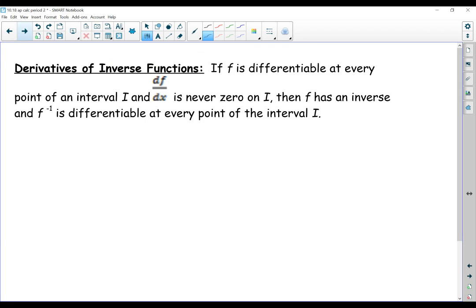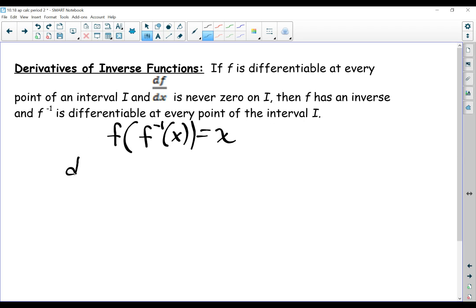And so let's prove that using our famous inverse trig proof. Let's start with the fact that the function of the inverse function of x, if I compose them, just gives me x.